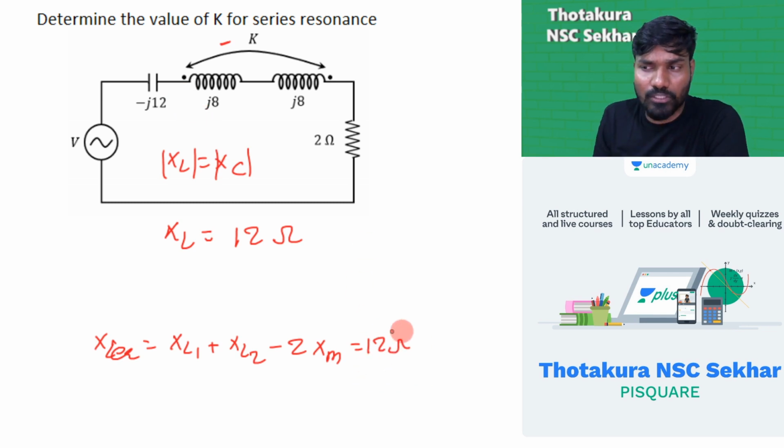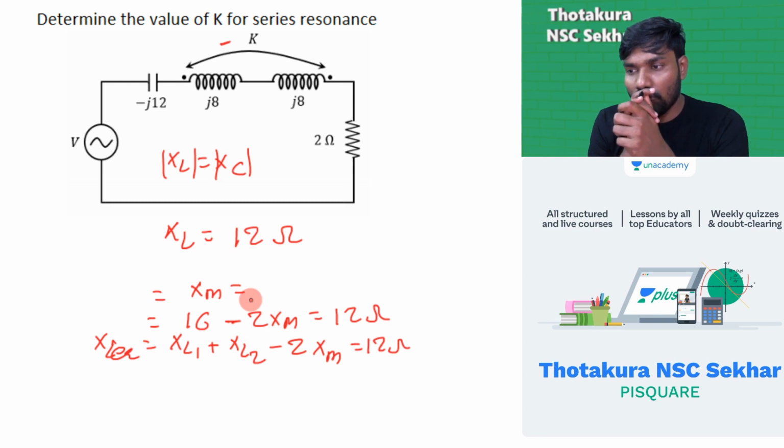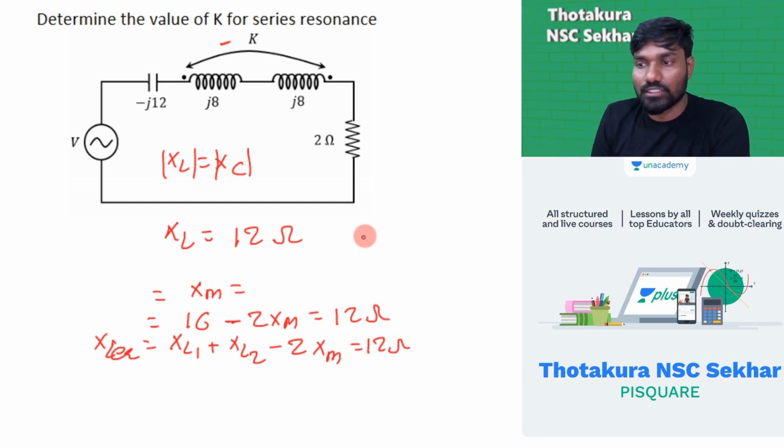For this value to be 12 ohm, we already know the two XL values: 8 plus 8 is 16, minus 2XM is equal to 12 ohm. So XM is 4 by 2, that is 2 ohm.